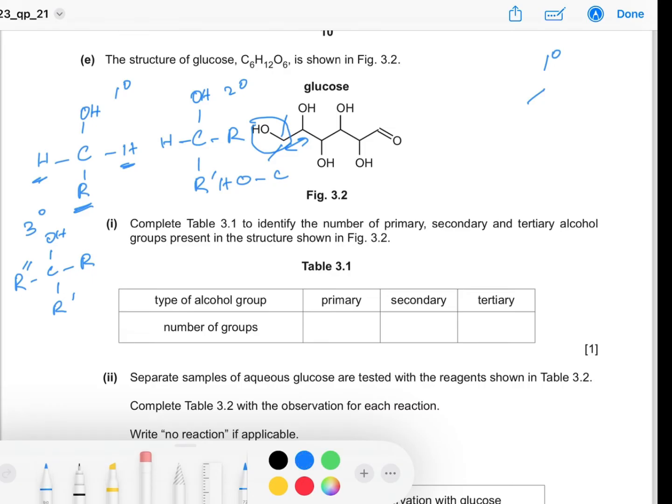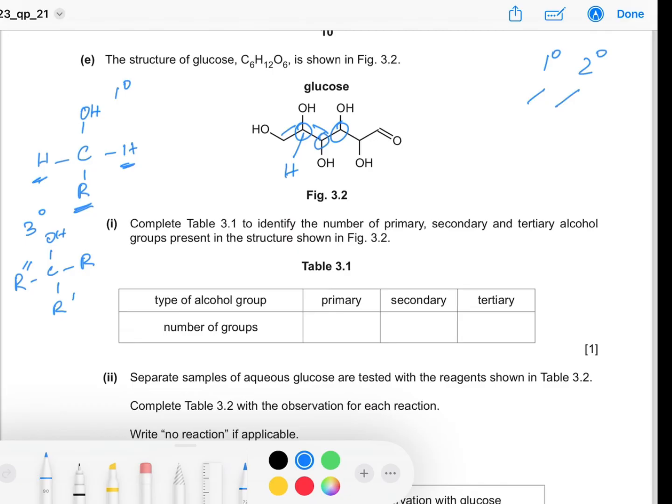Okay, then let me just erase this. Here you have 2 alkyl groups and 1 hydrogen atom. This is a secondary alcohol. So 1 for secondary. And the same goes for this carbon atom over here as well as this carbon atom over here.